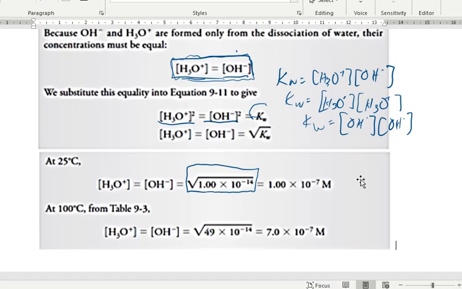So then you can solve for the concentration of H3O and OH, which is 1 times 10 to the minus 7, and also at 100 degrees Celsius, this is also given in a table but not in the appendix of your module. I'm not sure if it went up to 100 degrees Celsius.